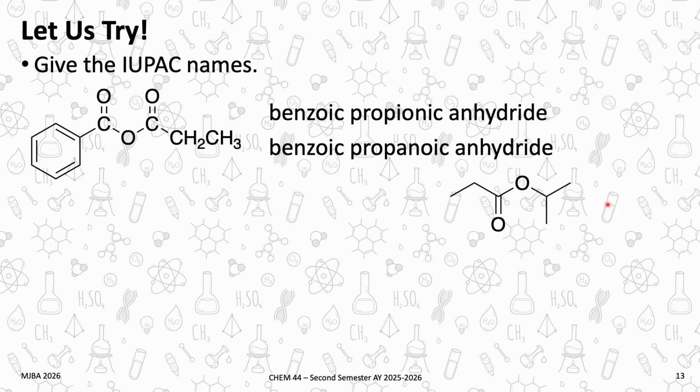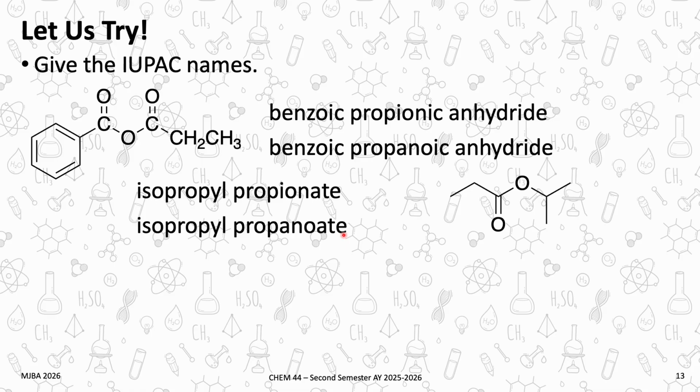And then this is also a 3 carbon atom, but this is the characteristic Y structure that I've been mentioning. So this is an isopropyl. So the name of this is isopropyl propionate or isopropyl propanoate.